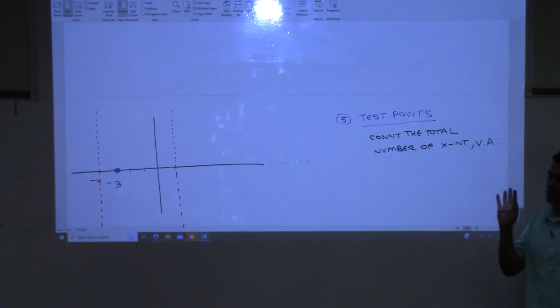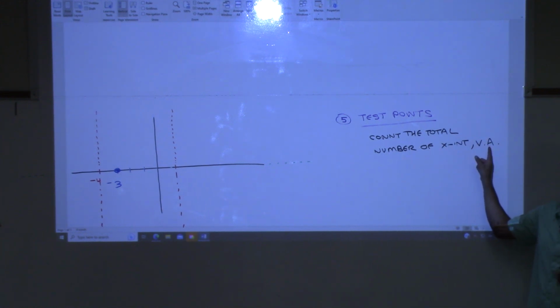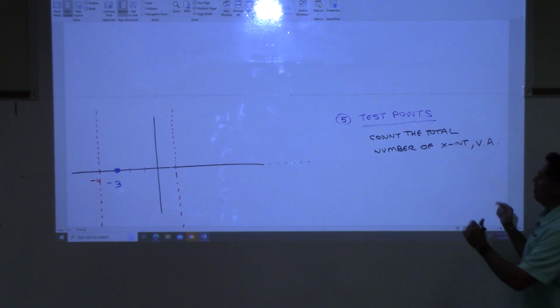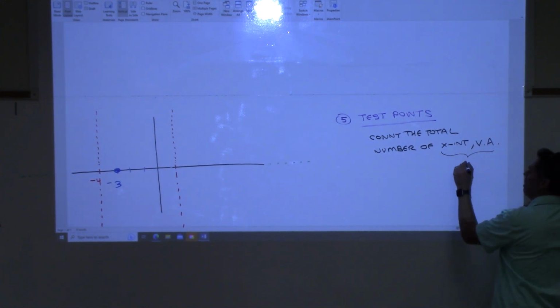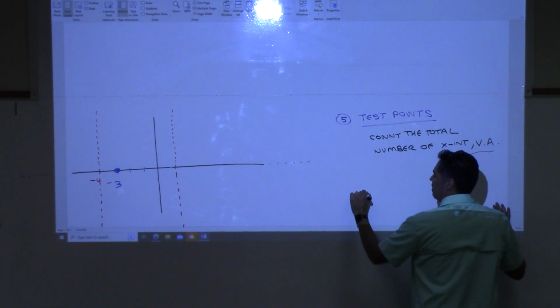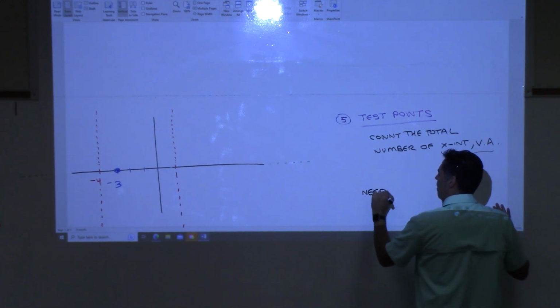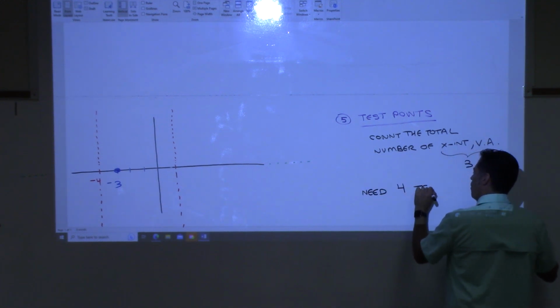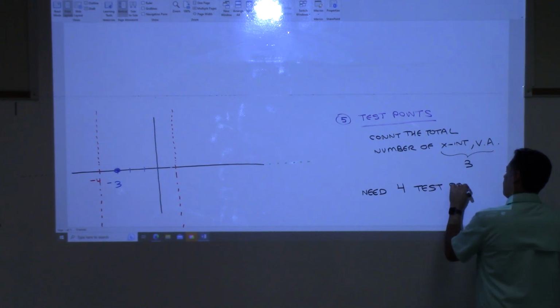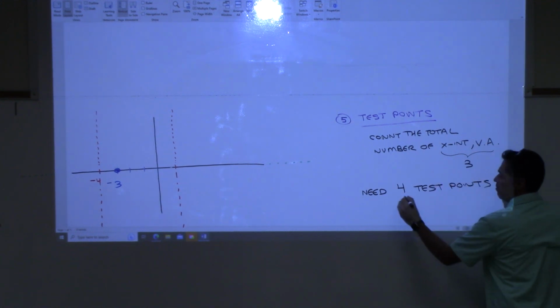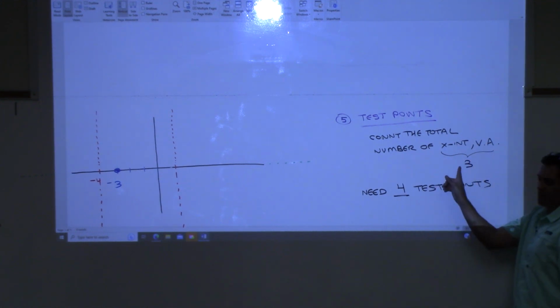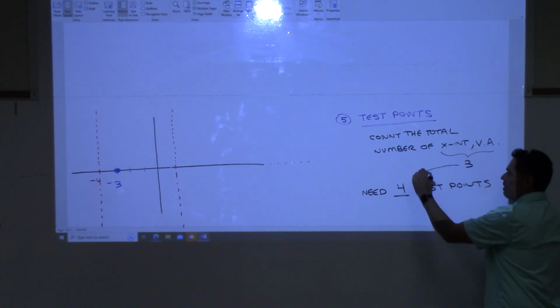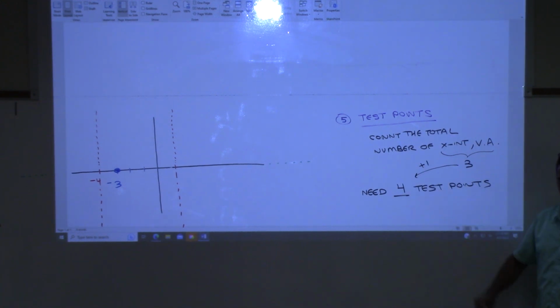However many x-intercepts and verticals you have, you will always need 1 more than that number of test points. So there are 3 in this problem, which means I need 4 test points. That's always going to be 1 plus this number. Take that number, add 1, and that's where the 4 comes from.